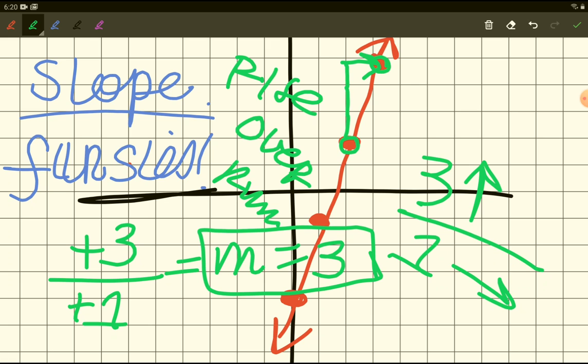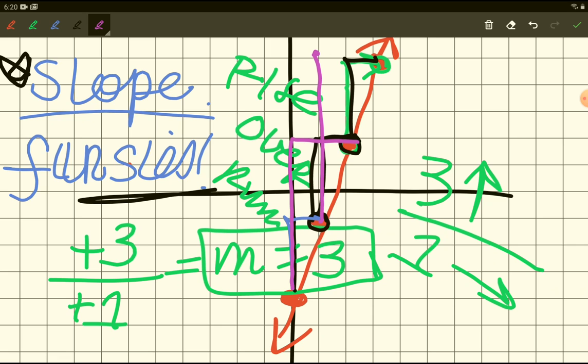What is so crucial about linear equations and slope is that no matter where you start and where you end, it's always going to be 3. 3 over 1, 3 over 1. Just to really show you, 6 over 2, which is 3 over 1.